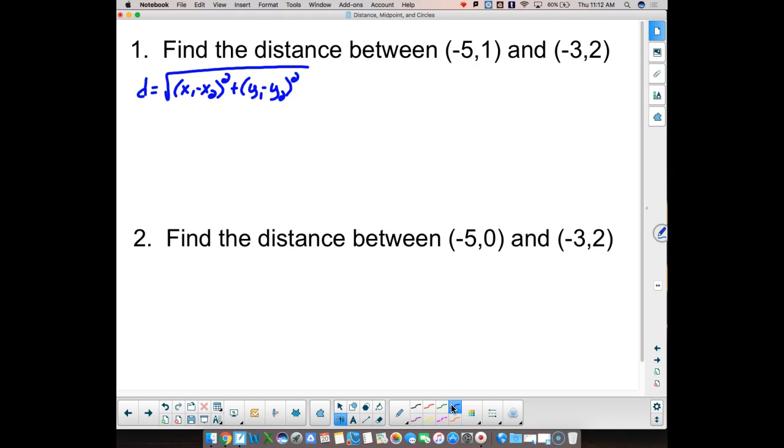So my distance is going to be the square root of (-5 minus -3), so that's really -5 plus 3, squared, plus (1 minus 2) squared. -5 plus 3 is -2.